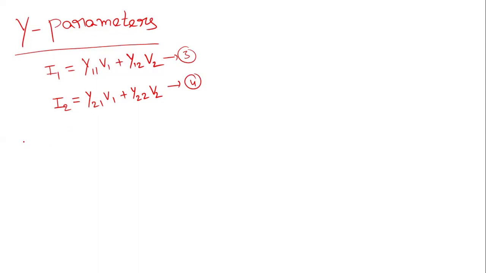Similar to Z parameters, the individual Y parameters are represented as follows. Y11 is, when V2 is 0, I1 by V1. Similarly, Y21 is I2 by V1 with V2 0.